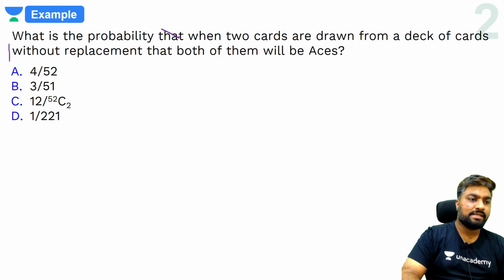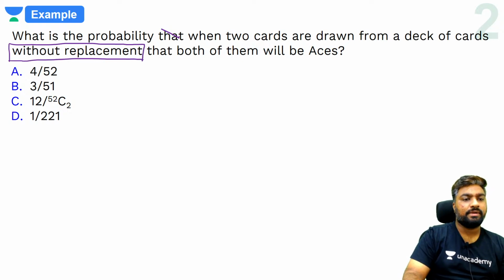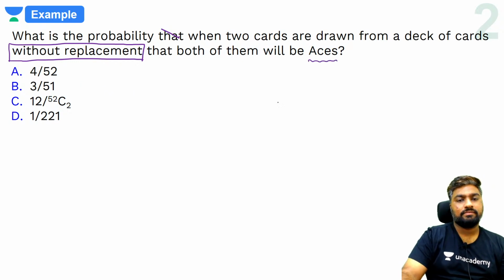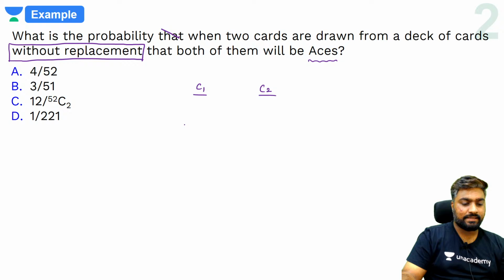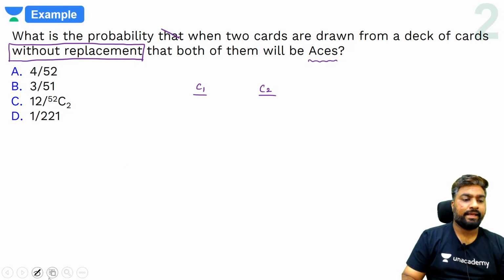It's given explicitly without replacement. Yes, if they don't give this, then by default you should assume without replacement, okay? They've mentioned it explicitly. They're saying both of them should be aces. Two cards picked, card 1, card 2, both of them should be aces. Quick try.